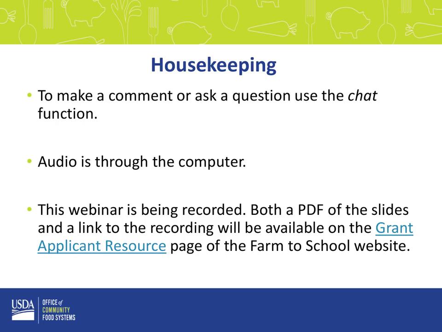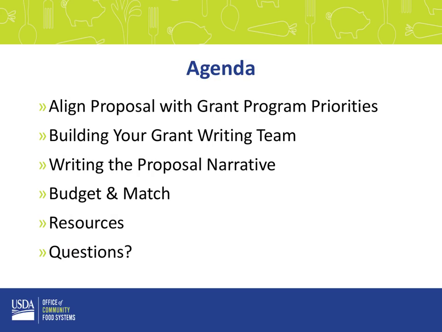So let's get started. We're a few minutes behind, and I want to make sure that we get through all of the content for today. In terms of the agenda, the following things that we'll be going through over the next hour include aligning your proposal with the grant program priorities, building your grant writing team, writing the proposal narrative.